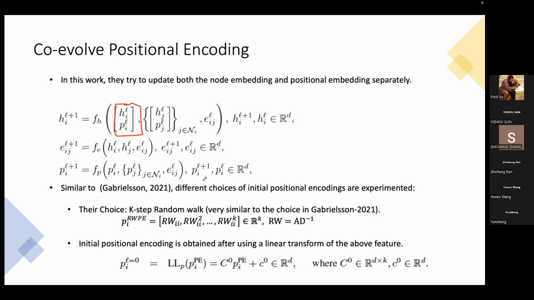They also experiment with different choices of the initial positional encoding of each node, and they end up choosing this k-step random walk matrix as their additional node features.